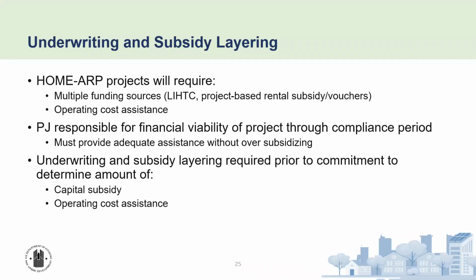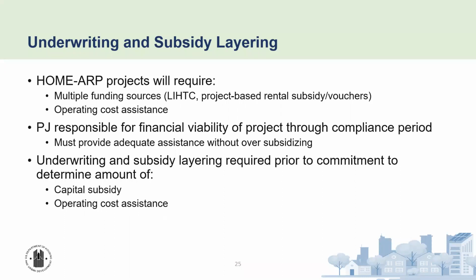To secure HOME-ARP rental units for qualifying households, HOME-ARP funds can be invested in different types of projects, including permanent supportive housing, mixed financed affordable housing, and market rate projects. Regardless of the type of project, the development of rental projects for qualifying households is going to require multiple funding sources, including low-income housing tax credits, HOME, HDF funds, as well as state and local sources and project-based rental assistance if it's available.